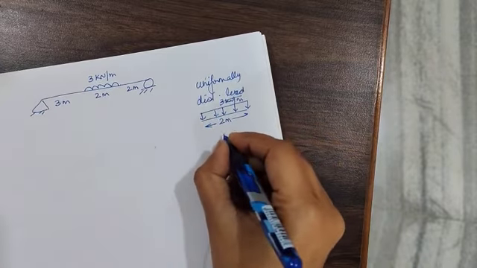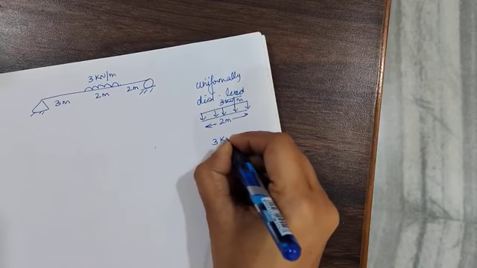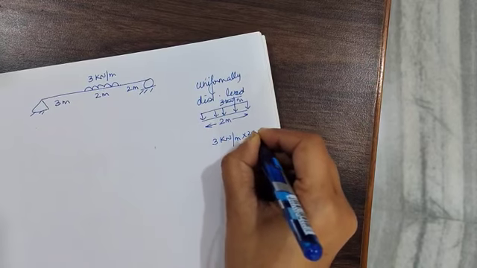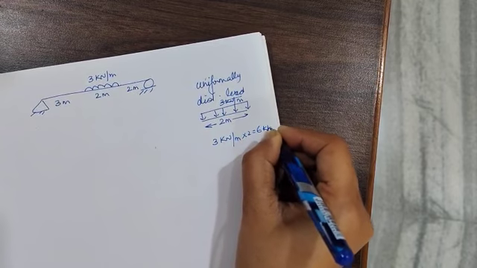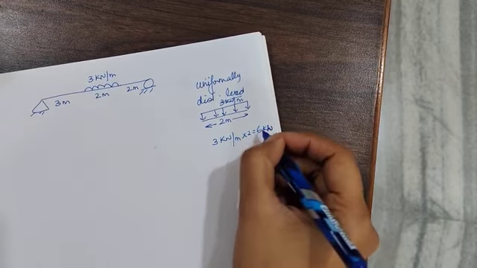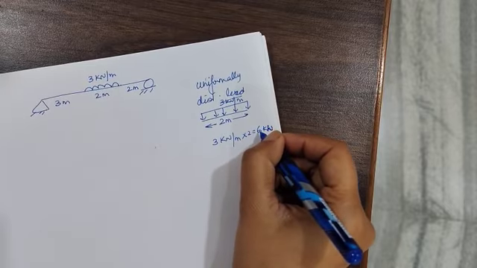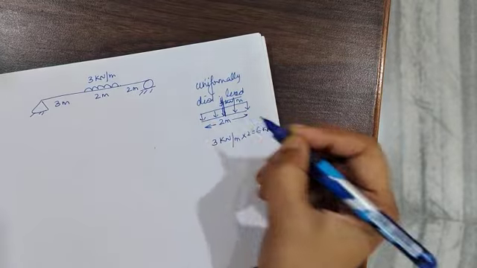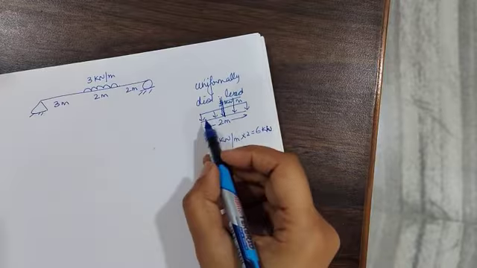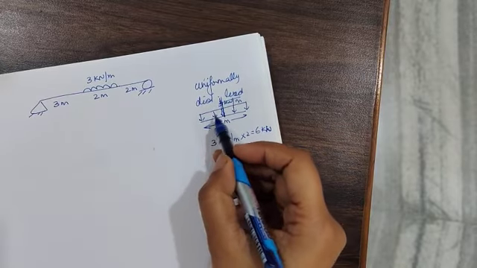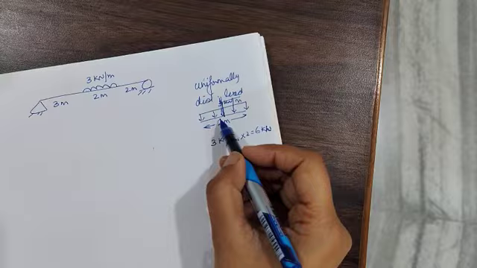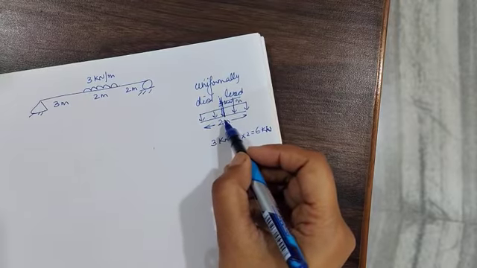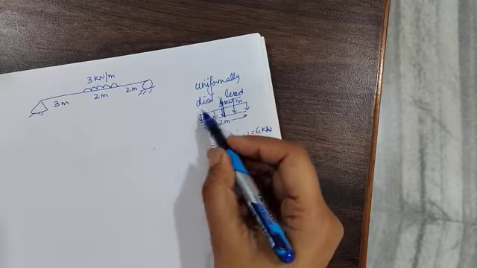So the total load is 6 kilonewton. 3 kilonewton per meter for a span of 2 meters, that is the total load is 6 kilonewton. And when calculating the bending moment, it will act at the CG of this particular section. Because it is a rectangular kind of distribution, the CG will lie at the center. So it will be supposed to act at the center of that particular load.